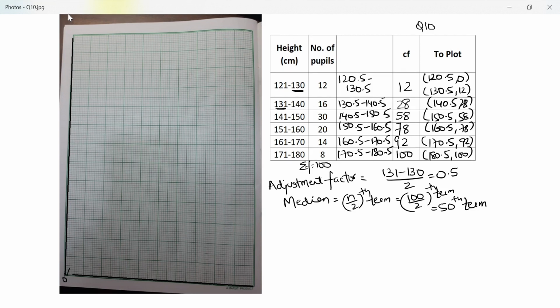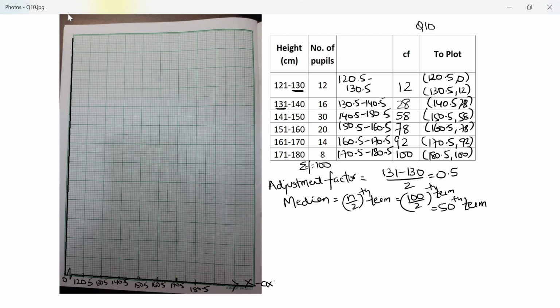Let me start with a kink, and the first one is 120.5. The next one will be 130.5. The next is 140.5. This is 150.5. Next is 160.5. This is 170.5. And then the last one that I need is 180.5. This is extending here.